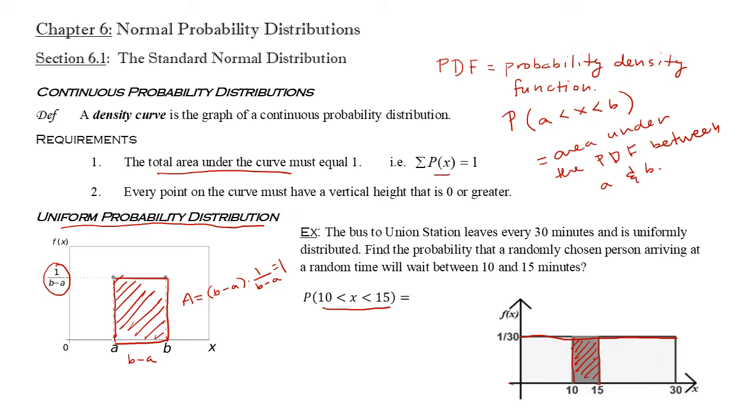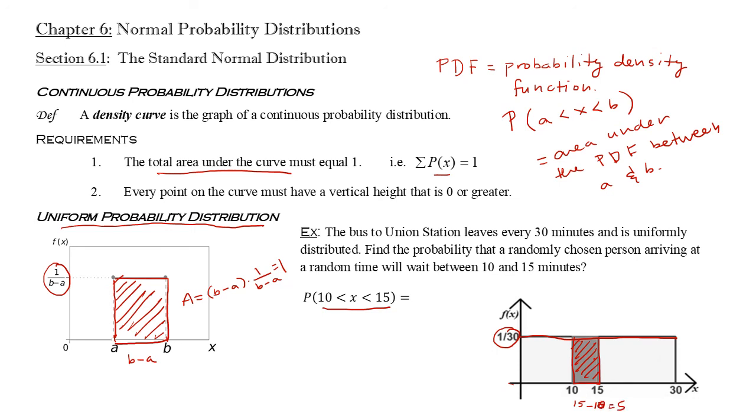So if we know that it's uniformly distributed between 0 and 30, then its height will be 1 over 30. And so the area of this rectangle here, we know that it has a base that goes from 10 to 15, so 15 minus 10, which is 5.